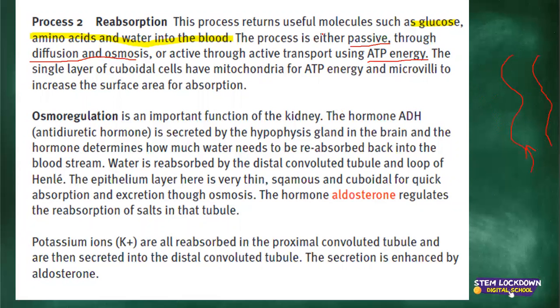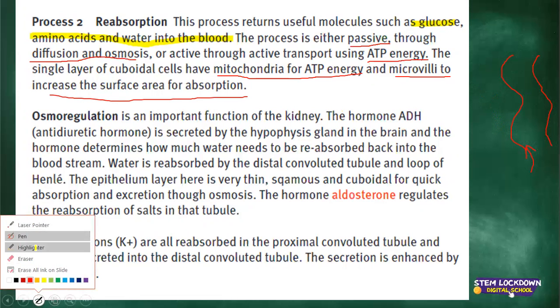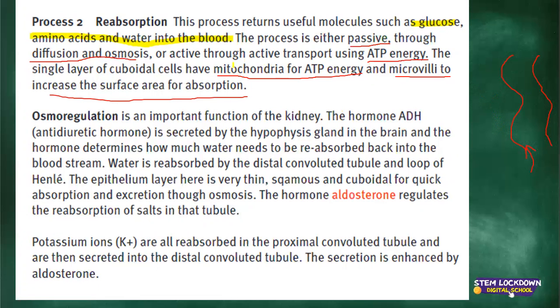Ne? And then the single layer of the cuboidal cells, they have mitochondria for ATP energy, and the microvilli to increase the surface area for absorption. Mitochondria is the powerhouse of the cell. That's where energy, cellular respiration takes place.